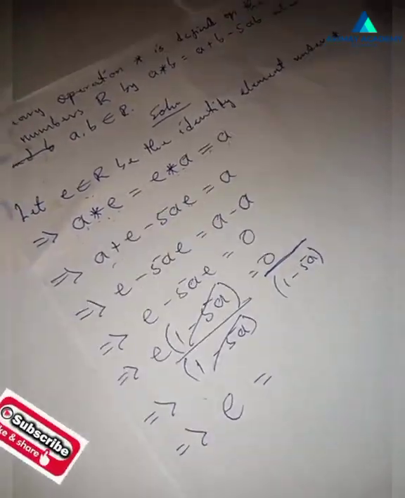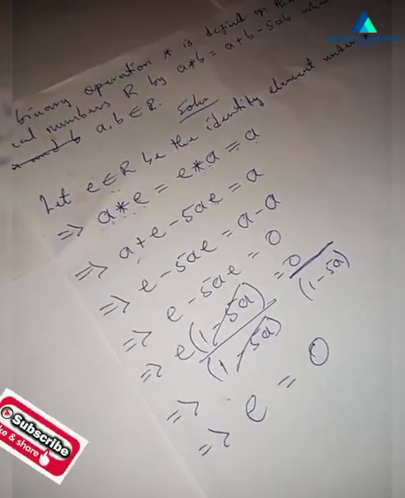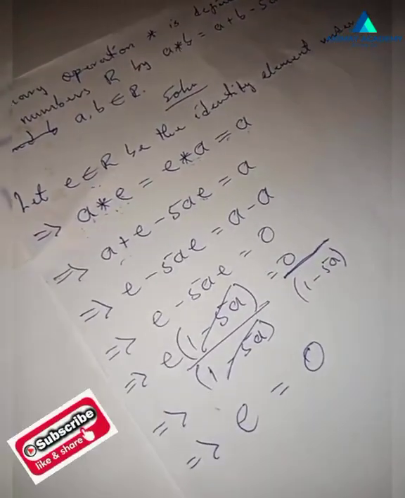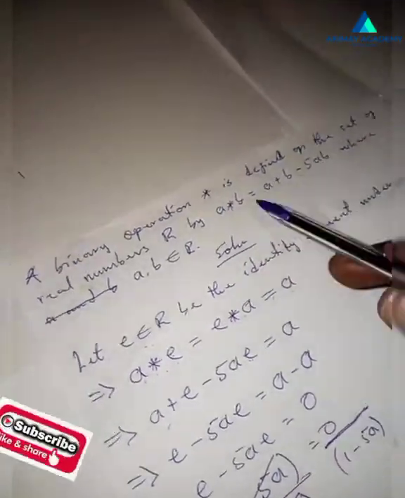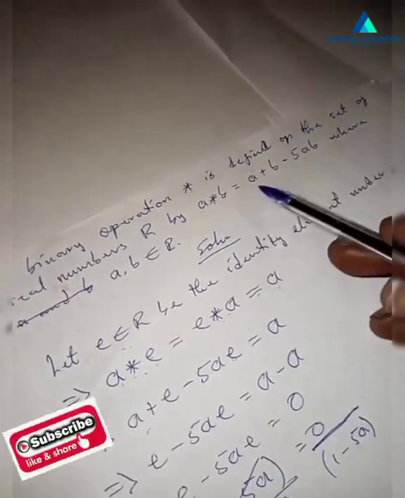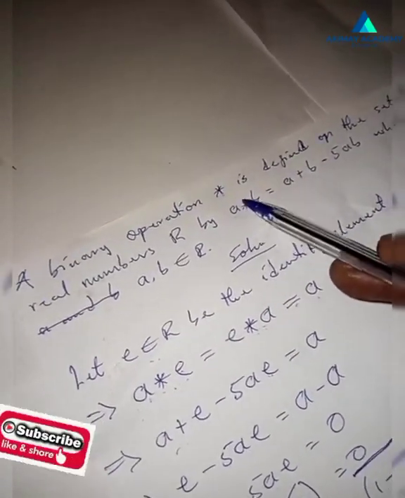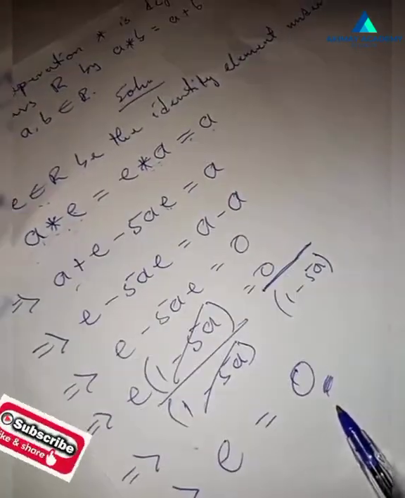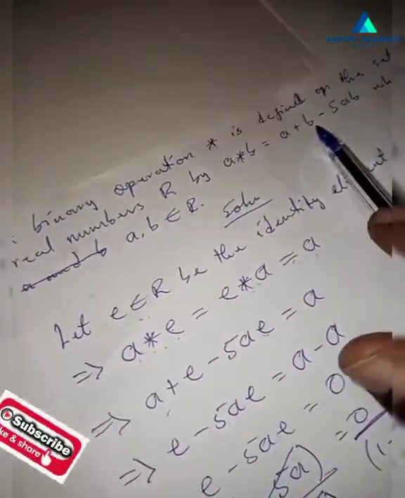Okay, 0 out of any number should give us 0. Good. So meaning that the identity element of this operation asterisk, with this expansion which was given to us, the system they gave to us over here, with this asterisk, the identity element is 0. Okay, the identity element is 0 for this particular expansion.